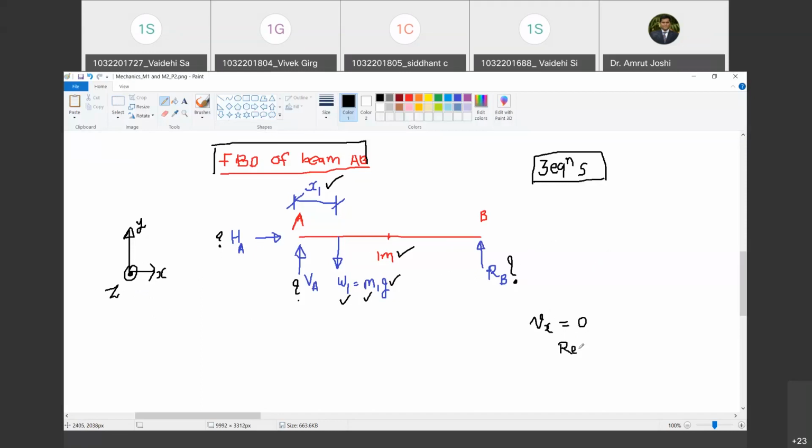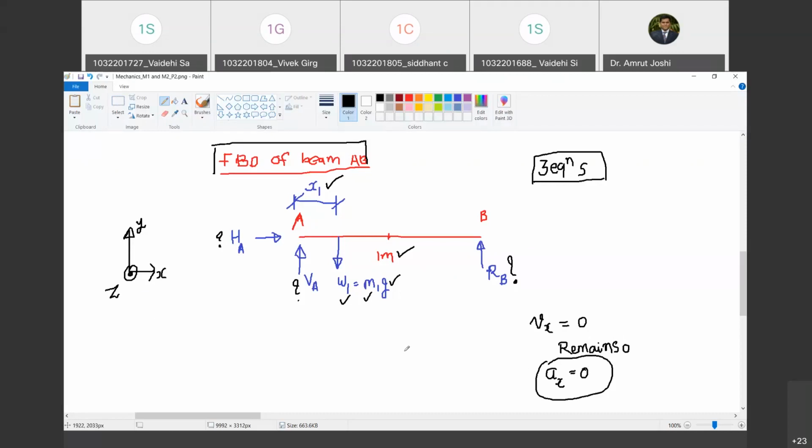So if it is 0 and it remains 0, what is the linear acceleration of the beam in X direction? 0. So can I write AX equal to 0? Yes, sir. The linear acceleration of the beam in X direction is 0. Happy? Yes, sir.